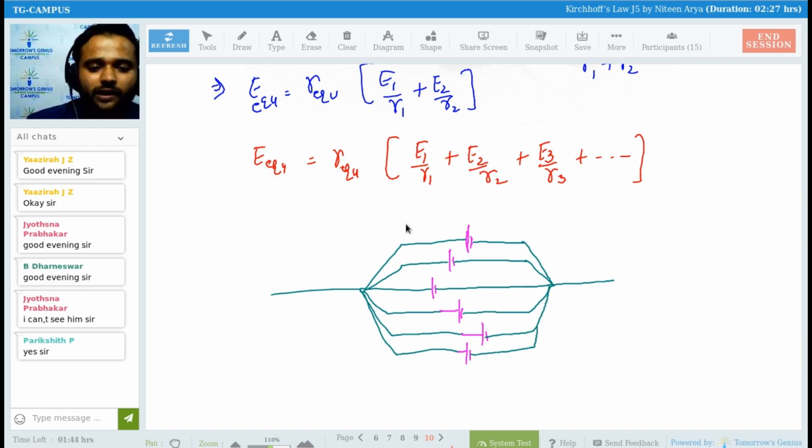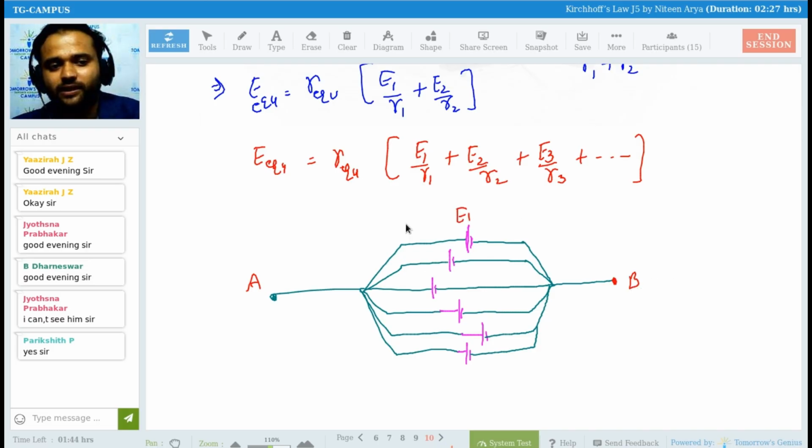Clear now? So again, this is your A, in between terminal A and B. Even when I draw a cell, automatically there is an R1, right? I don't need to draw this R1 or R3 separately.